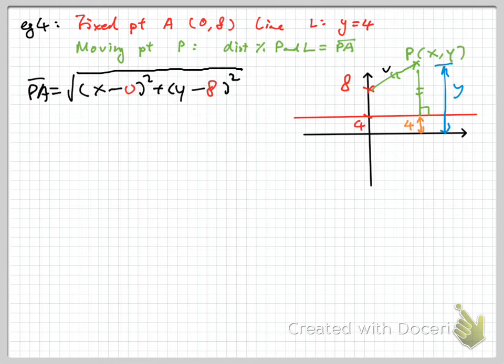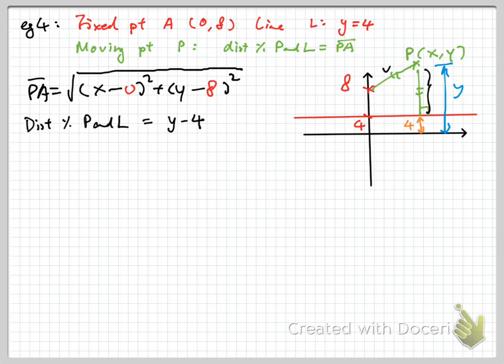So the distance between P and L will therefore be y minus 4. Now this is the more important part in this question. The blue one here is y. The orange is 4. So that is the perpendicular distance between P and L, and that is y minus 4.